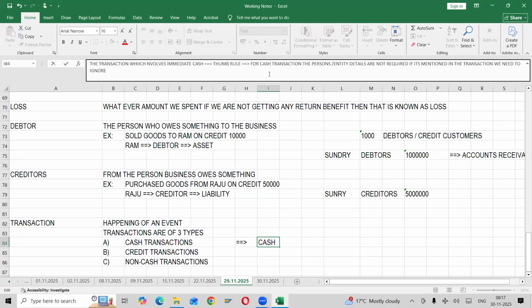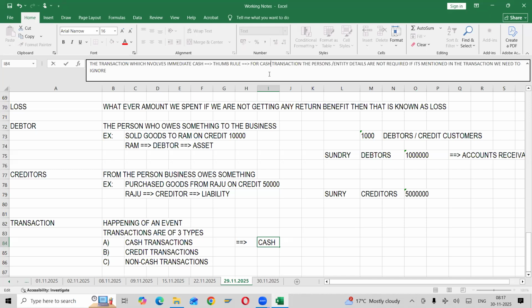For example, you purchased a refrigerator in Bajaj Electronics on a credit basis. Does he require all our details? Yes, because he needs to get the money from us.